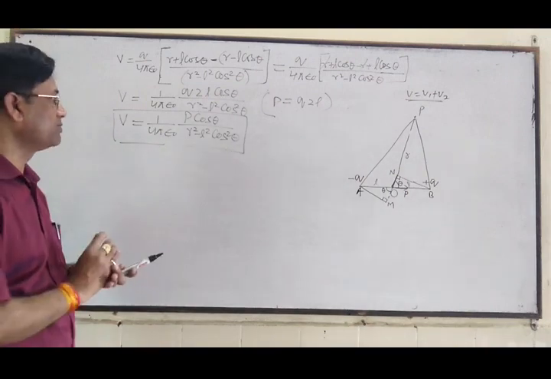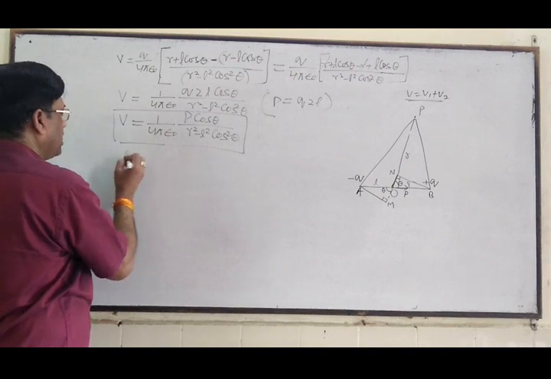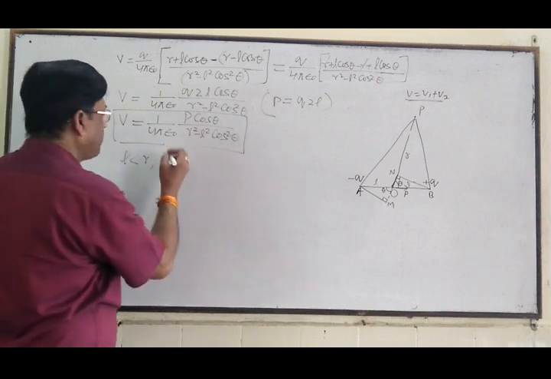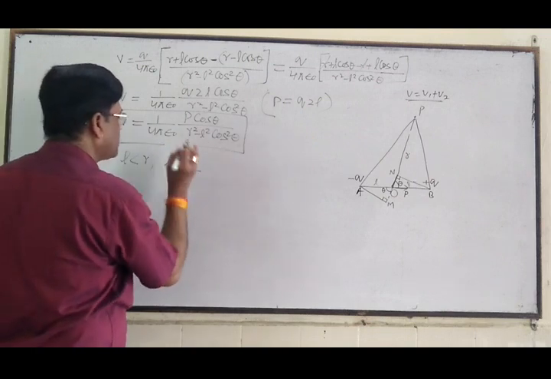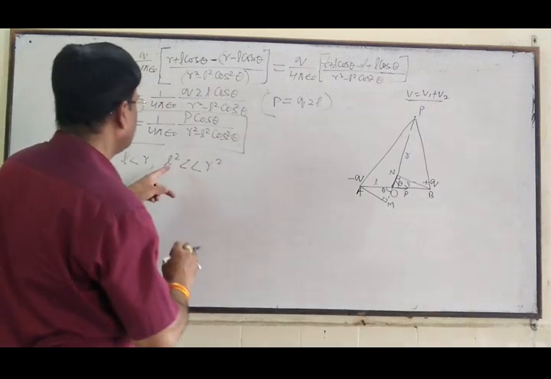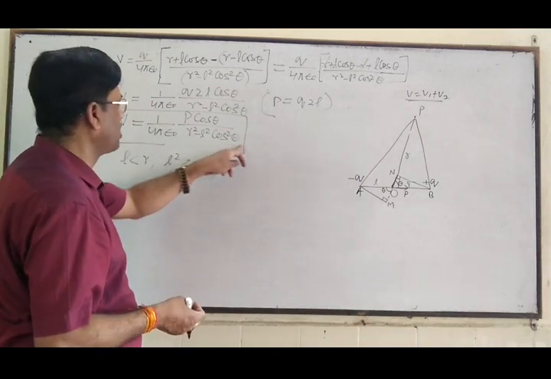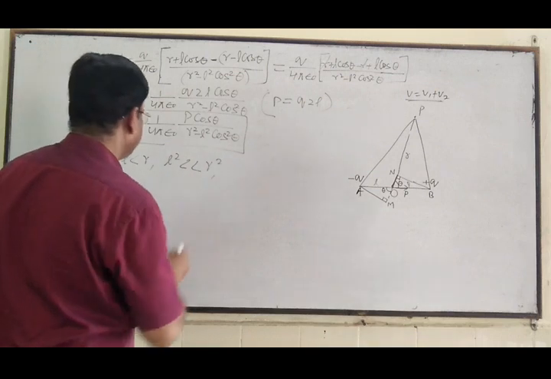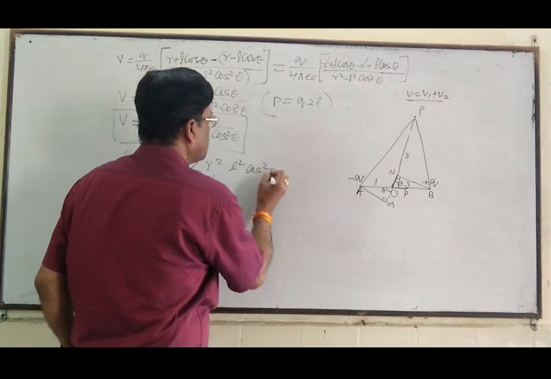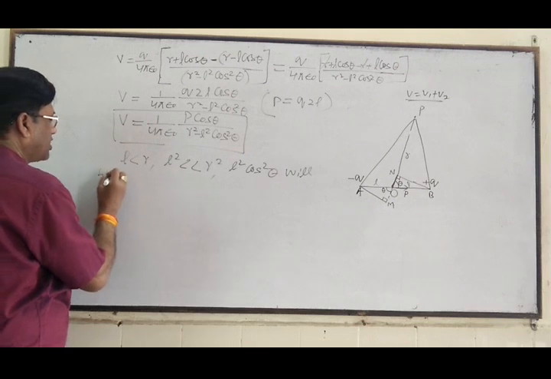This formula we have got. And you know that L is very less than R, therefore L square will be very less than R square. Then L square cos square theta will be neglected.